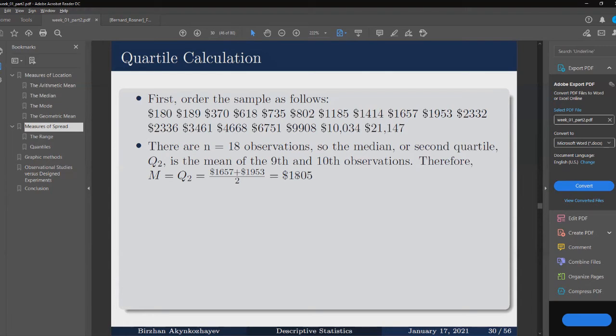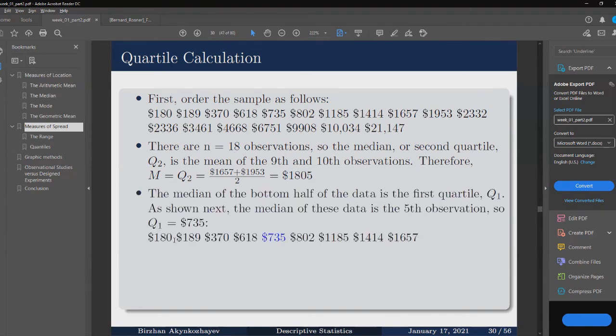Now to find the first quartile, Q1, we have to find the median of the first 9 points, the first half of points. So here are my first 9 points, and it's the 5th largest observation in it. So Q1 is 735.